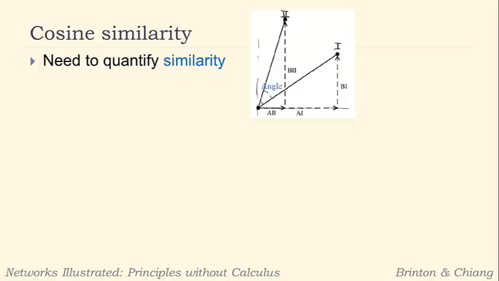If user A liked movie 1, we would give it a positive rating, which means we extend positive this way. Didn't like it, we would give it a negative rating. Similarly, if user B liked movie 1, we would go up positive, and if we didn't like movie 2, we'd go negative. Then we define these different points, one for each movie, 1 and 2. We could have movie 3, 4, 5, and so on. Each of the dimensions in the graph is a different user.